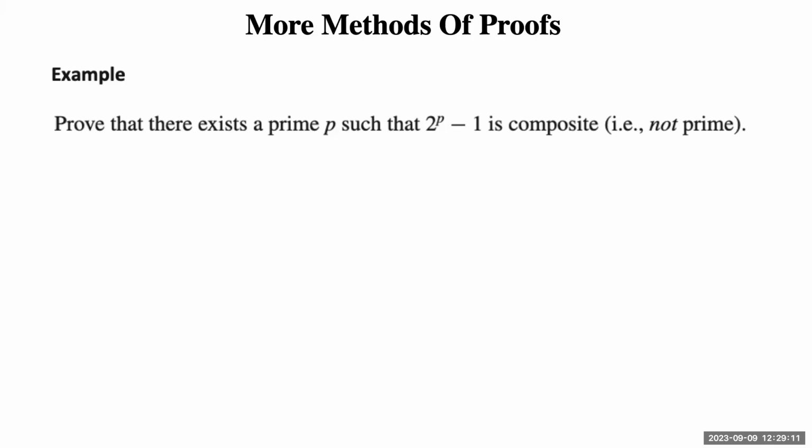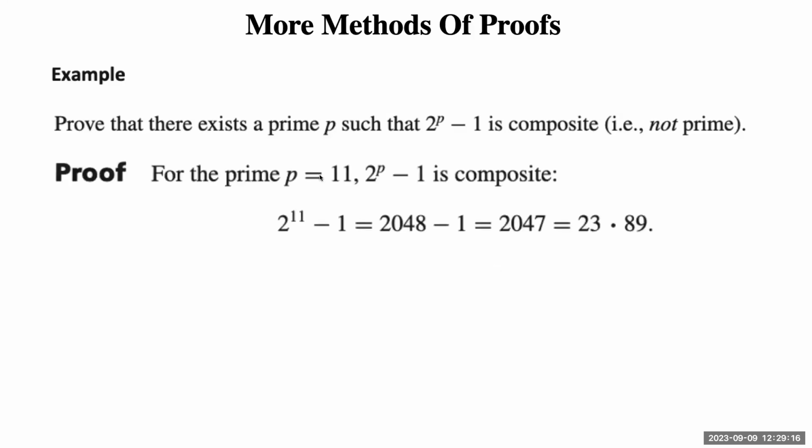So what you're trying to do is find a prime number where when you take 2 to that prime number and subtract 1, you get a number that's not prime. So you just start at the beginning. 2 is prime, 2 squared is 4, minus 1 is 3. Well, that's a prime.